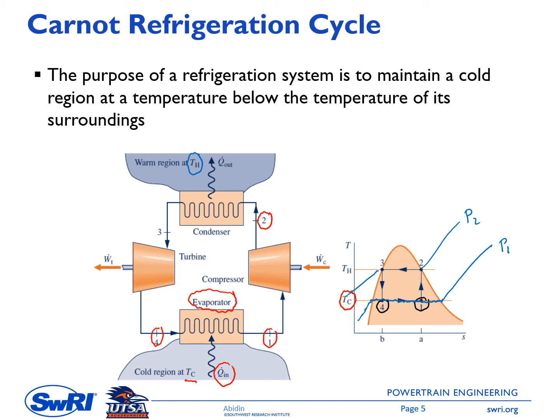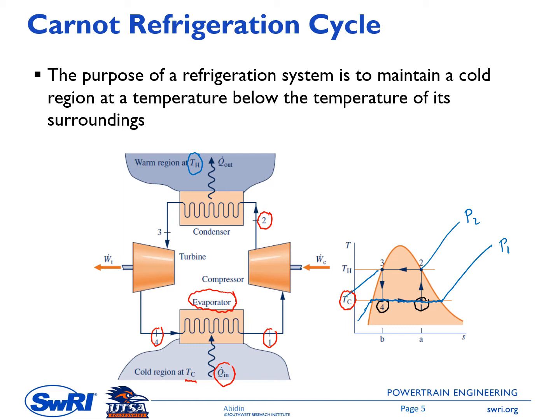So it means we don't need a delta T between the working fluid temperature and the warm region temperature. The working fluid temperature and the warm region temperature are both TH. So there will be a heat transfer from the working fluid that changes state 2 to state 3.